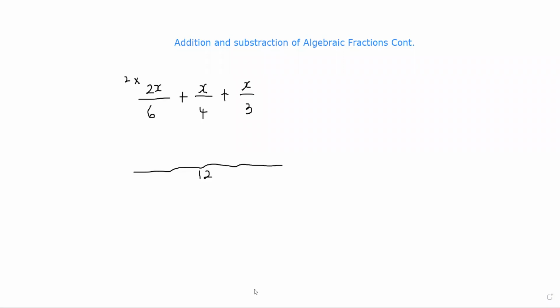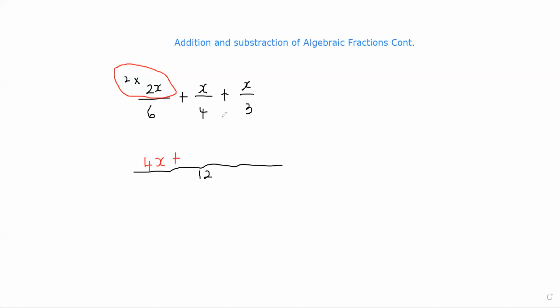Yes, sir. Good. So tell me now, we need to multiply 2 times 2x. Anybody? What's the answer? We did multiplication of algebraic terms. 4x. Excellent. So we take that 4x and we put it here.